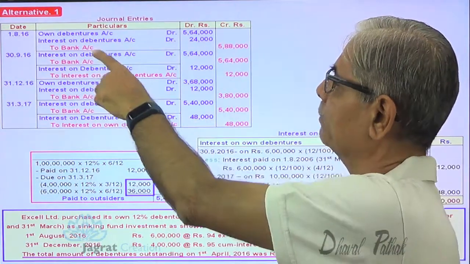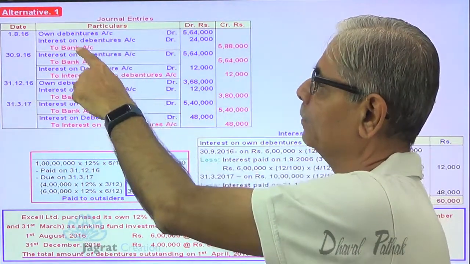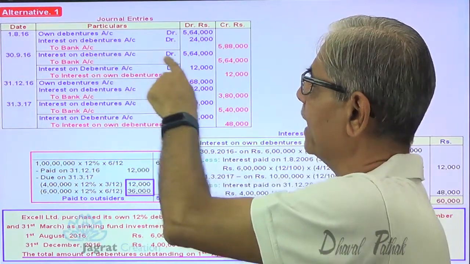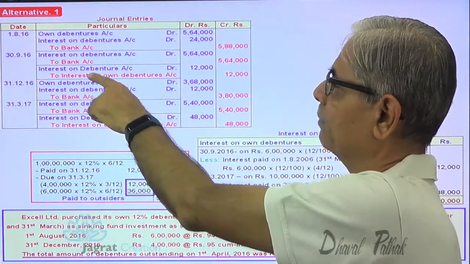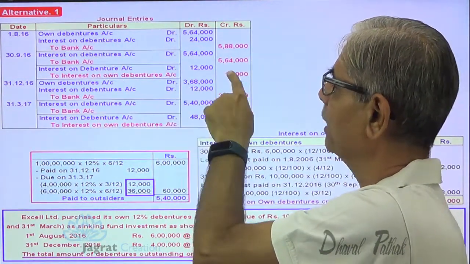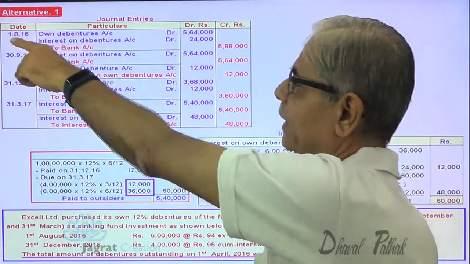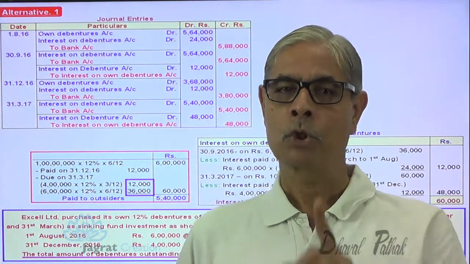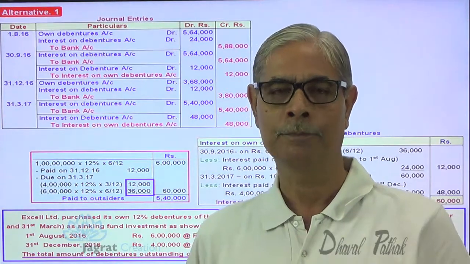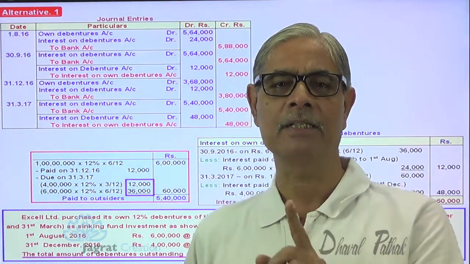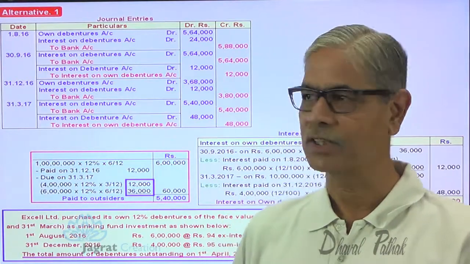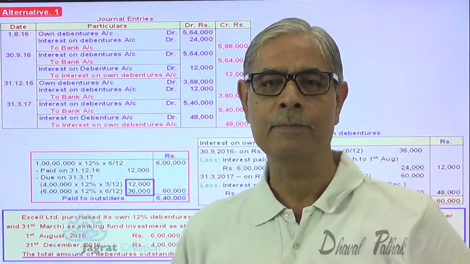In that situation, this first entry will be there. The second entry for debenture interest also will be there. But the third entry wouldn't be there because the debentures purchased are cancelled on the date of purchase, that is on 1st of August. So remember one important point: if own debentures are purchased for immediate cancellation, you should write the entries in this fashion.